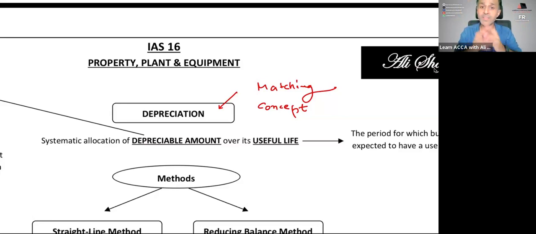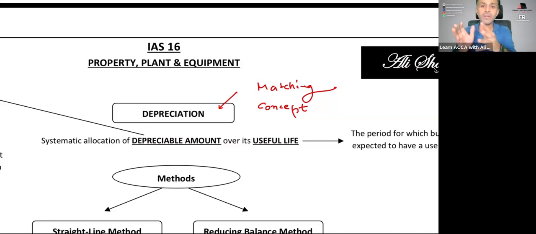So how can I match this cost with the benefits these assets are bringing to the business as a result of depreciation? Now, the problem is that the benefits just don't come in one year.